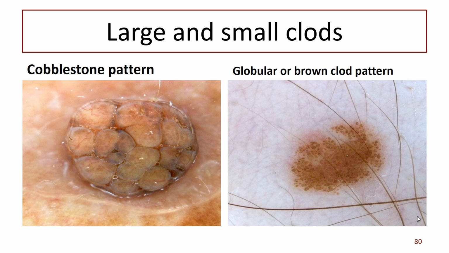These large ones in conventional pattern are known as cobblestones. So I will use this term cobblestone because I know what it is. Those large clods are all joined together like a jigsaw puzzle or a cobblestone. This pattern is of much smaller clods. They're all the same colour in this case, some variation in the size, but basically a single pattern.